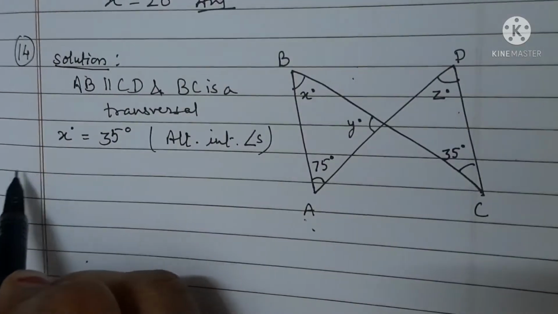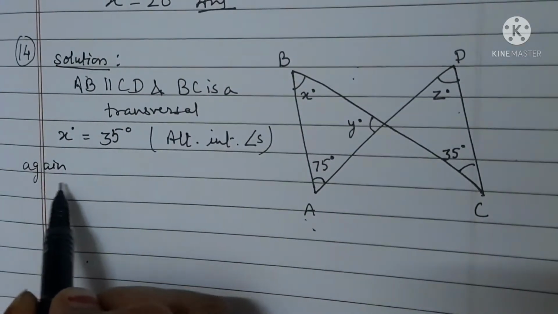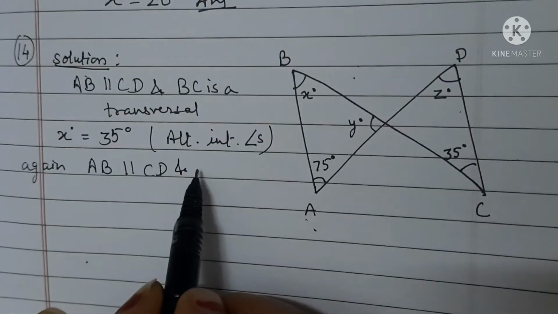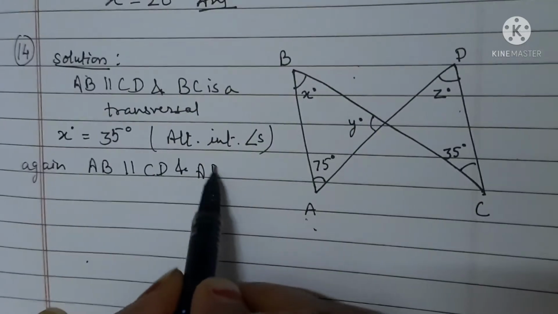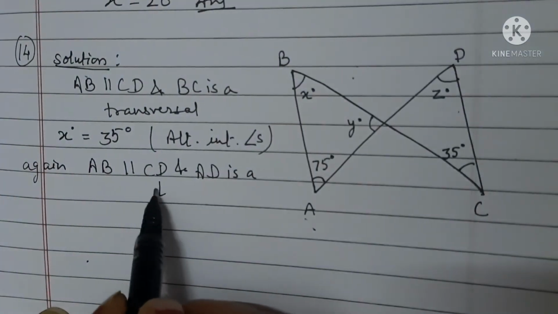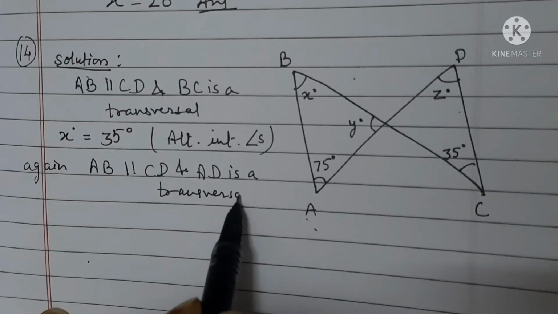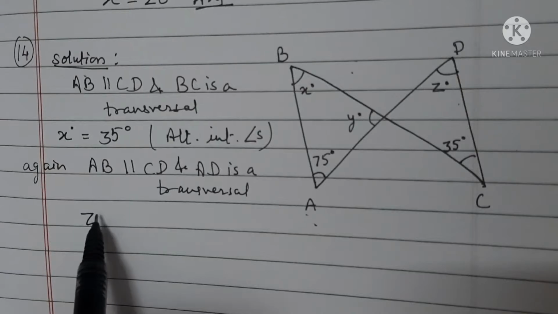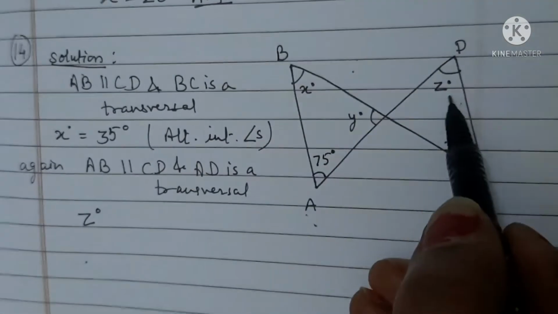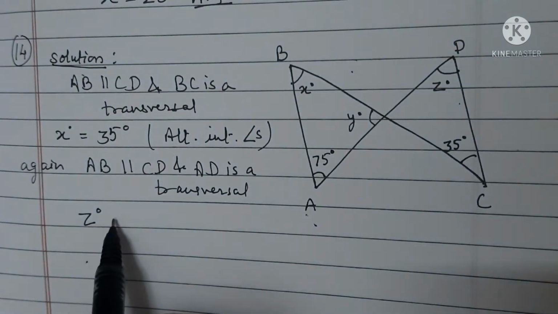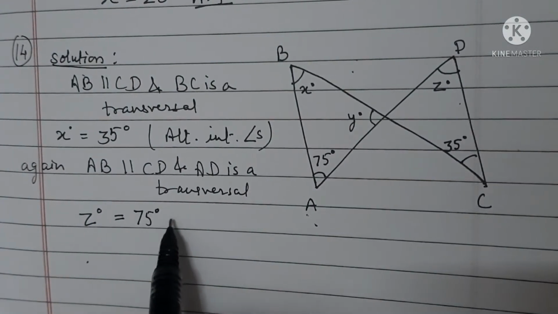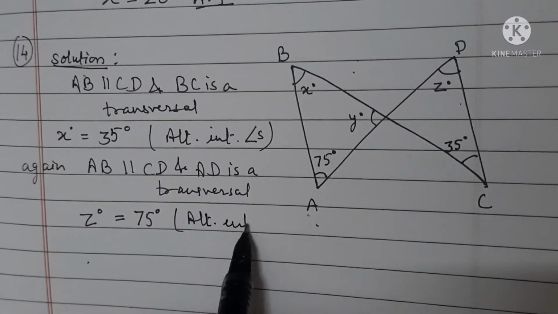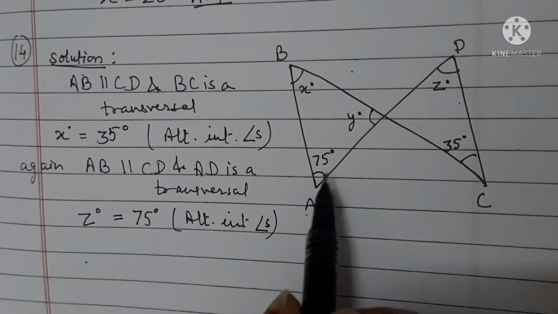So write again, AB is parallel to CD and AD is a transversal, so angle z, or z degrees, is equal to 75 degrees, and the reason is alternate interior angles are equal.